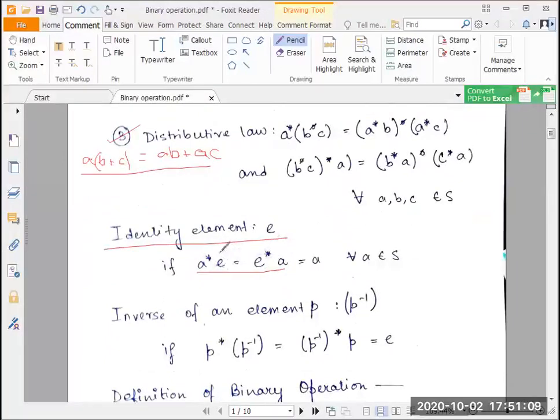So let's say we have a particular element E. We need to find out that well-defined, singular, unique element for the particular binary operation and the set on which the binary operation is defined.